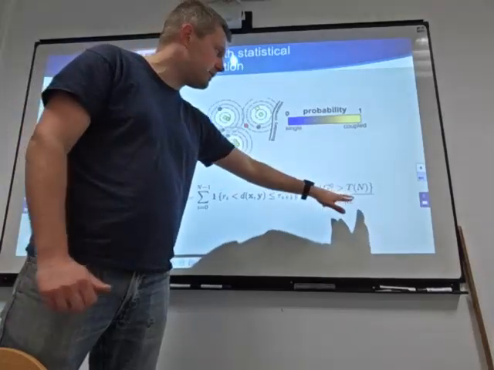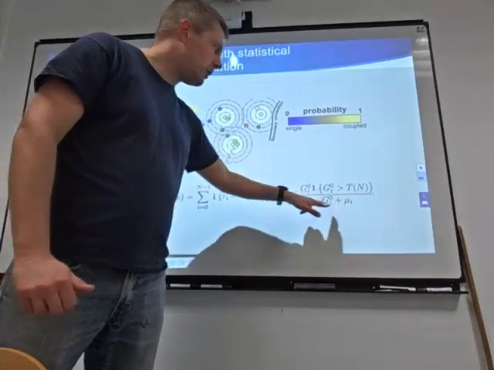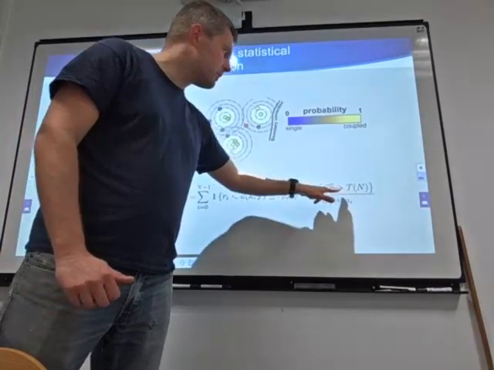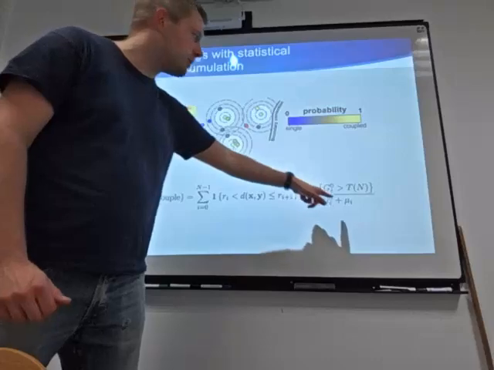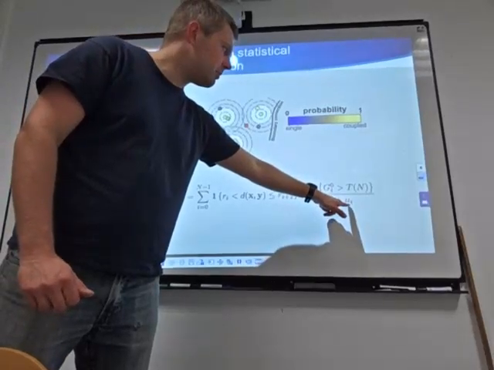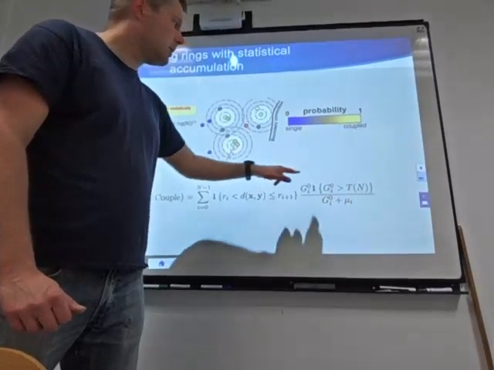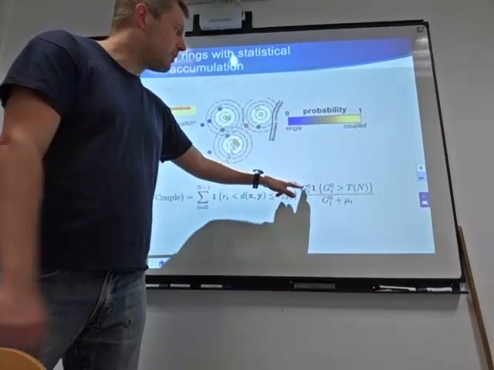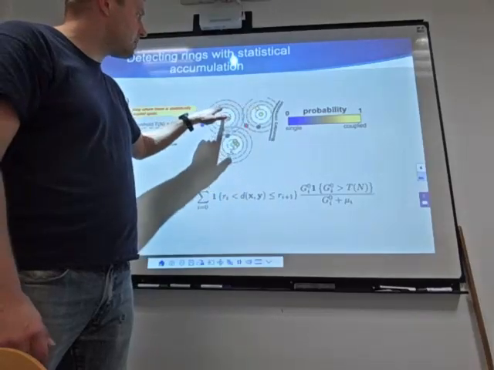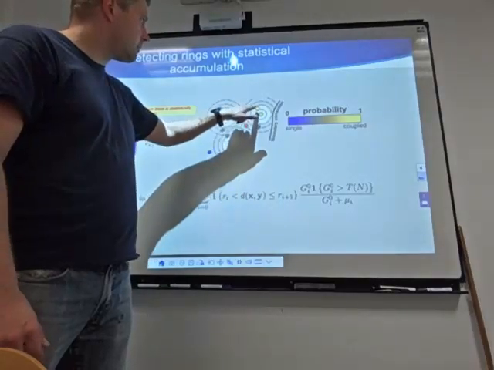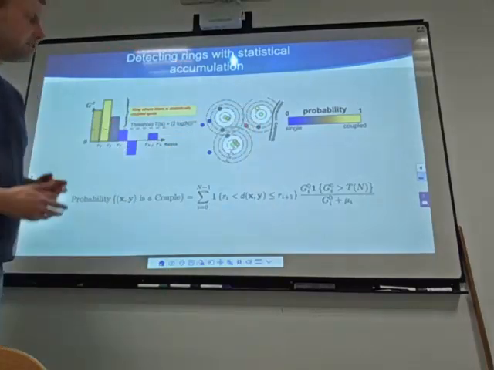But if I add the mean, this is the total number of molecules I have in the ring. And here, this is the number above the expected number for spatial randomness. So here, this is the excess number of molecules in the ring, and it gives me the probability that each of these objects is associated or not.